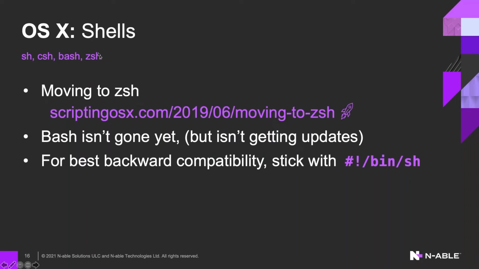So if you're going to be trying to be forward-looking, then you may want to have a look at this article from scriptingos10.com about moving your scripts from bash or sh to be compatible with ZSH. Mostly the syntax and everything is the same. ZSH actually adds a lot of additional functions, things like working with variables as arrays as opposed to just flat lists.